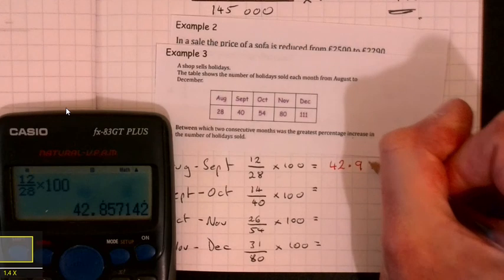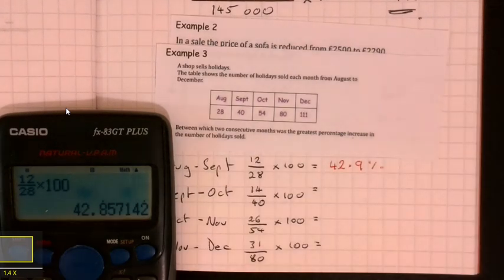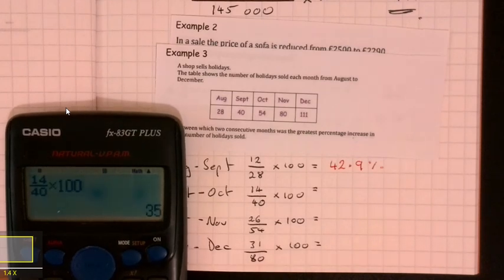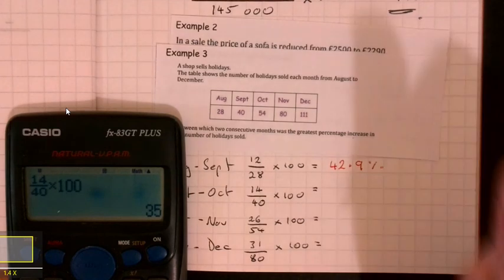So 42.9%. And then let's do the next one. 14 over 40, multiplied by 100, 35.